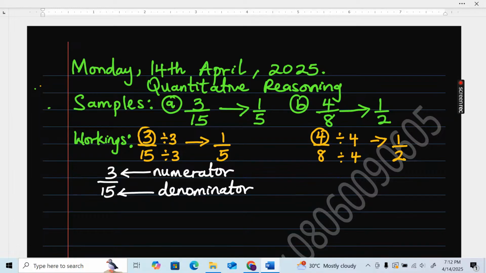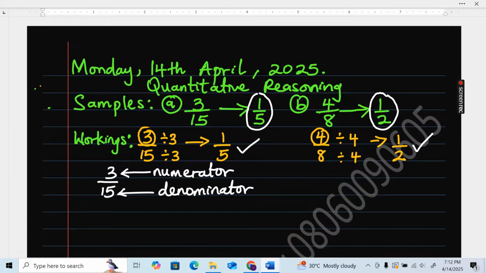We were asked to figure out the answers, 1 over 5 and 1 over 2. These are my explanations of how I got 1 over 5 and 1 over 2. I hope you understand. So I divided the fraction by the numerator of the fraction.